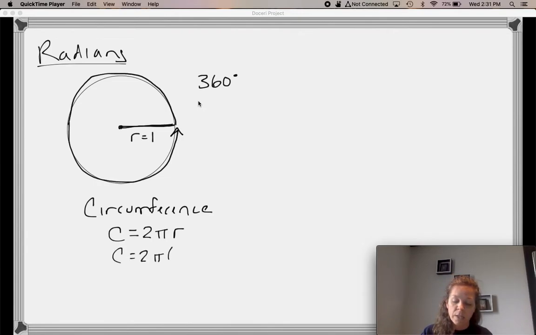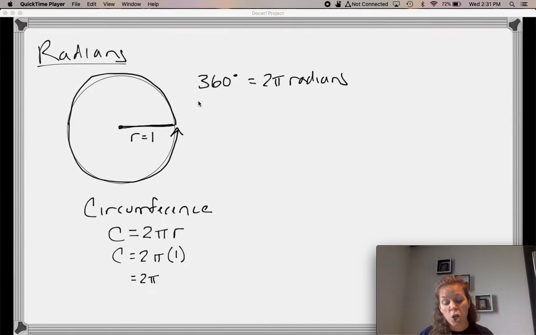Circumference, then, for this circle is 2 times pi times 1, or just 2 pi. So in this unit circle, 360 degrees will take us all the way around, but likewise, 2 pi radians will take us all the way around.